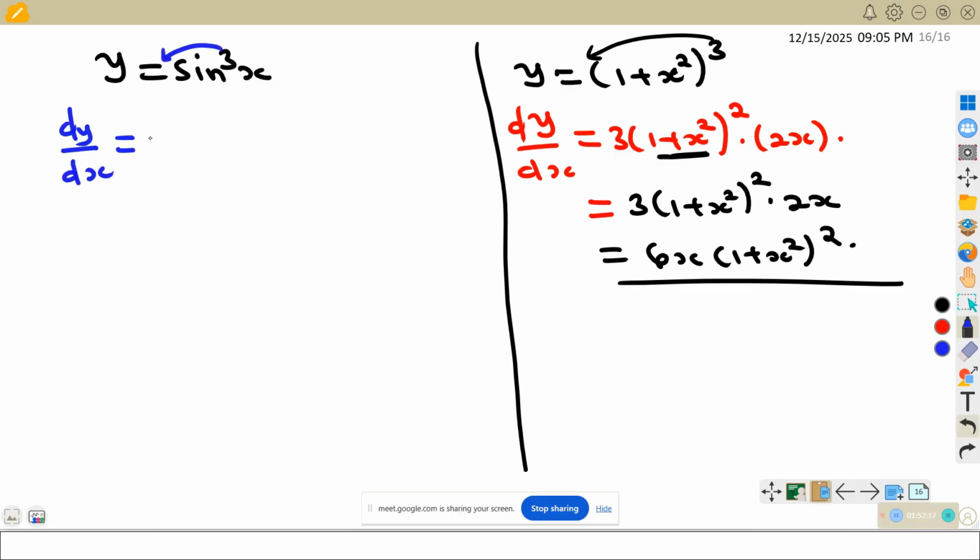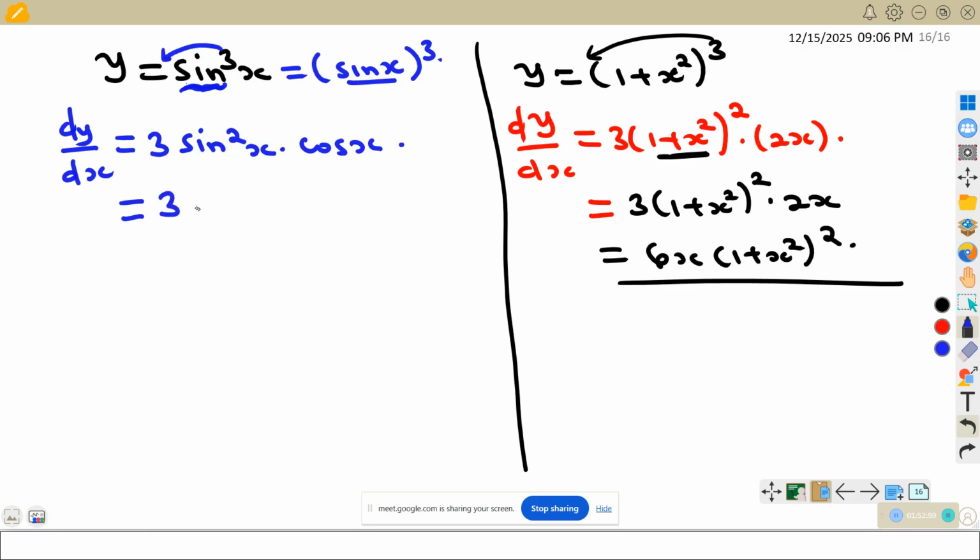We drop the power, reduce the power by 1, but multiply by the derivative of the function inside, because this can be written as (sine of x) to the power of 3. Now, what is the derivative of sine? Cos. So in other words, the derivative of sine to power 3 of x is 3 sine to power 2 of x times cos of x.